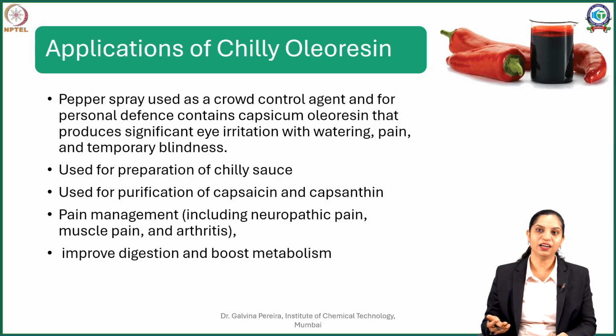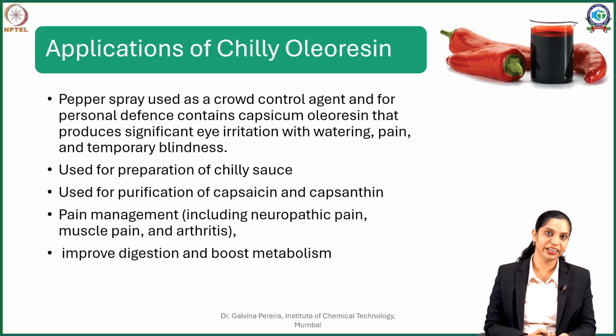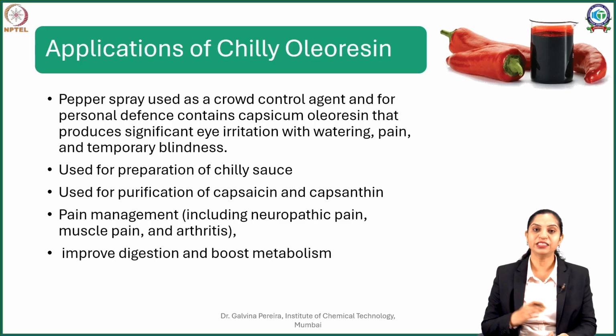Not only that, the purified compounds, that is capsaicin and capsanthin, the alkaloid as well as the carotenoid, have different applications in coloring as well as in the pharmaceutical industry. Capsaicin in the pharmaceutical industry is used in pain management. You use a lot of pain balms, and many of them will have capsaicin as an ingredient.